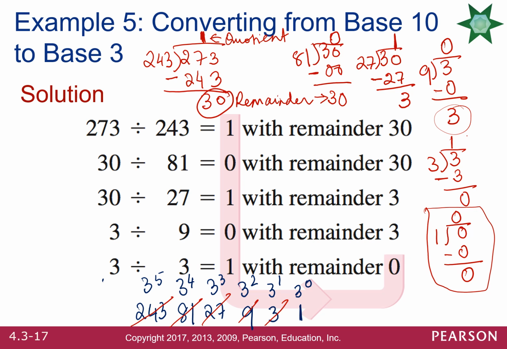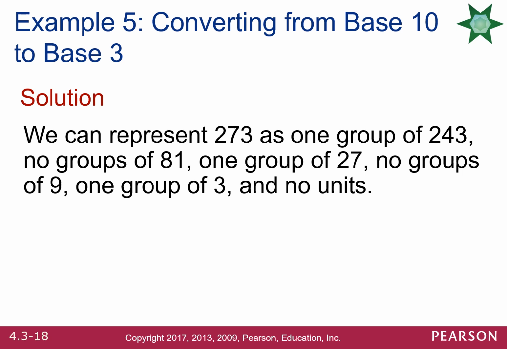So let's see in the next slide how they represent these values 1 0 1 0 1. All the quotient values and the last remainder will form our base 3 numeral equivalent of 273. After we did the division, we completed all the divisions by all the positional values of base 3, starting from 243 all the way down to 1.